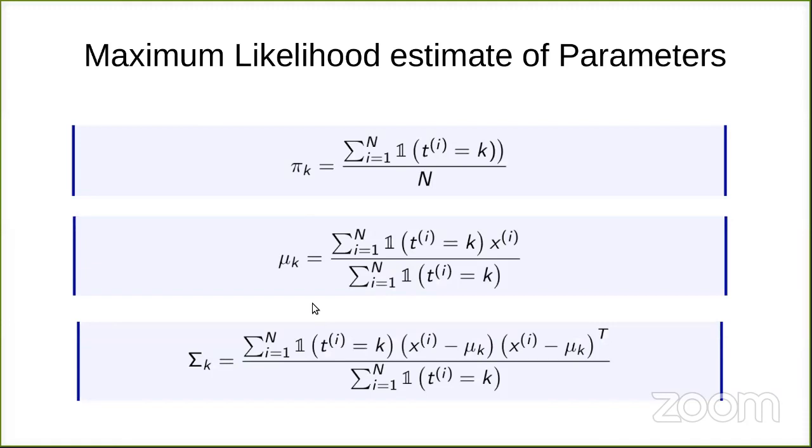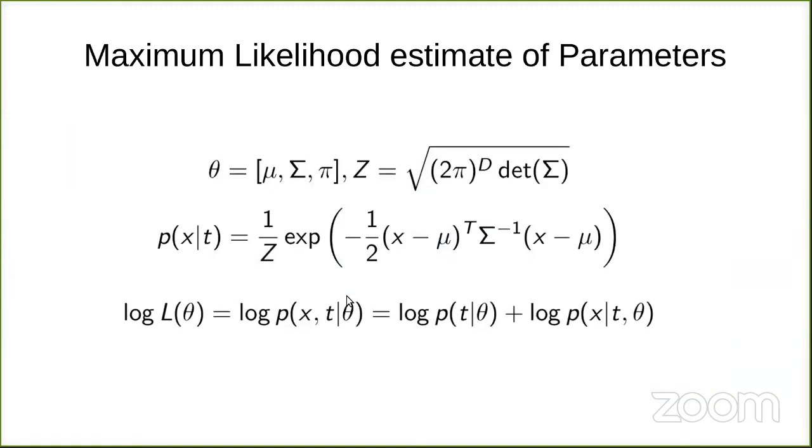So we were talking about these parameters, but how can we estimate these parameters from data? The parameters of the Gaussian: what should be the mean, what should be the variance, and what should be the prior probability of belonging to some class. So our parameters are the mean of each class, the covariance for each class, and pi, the prior probability of belonging to each class.